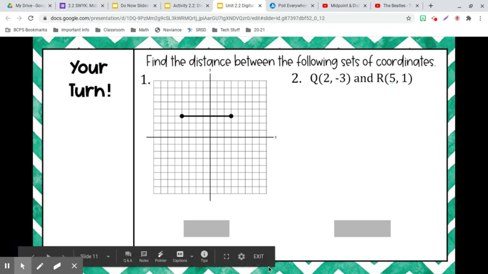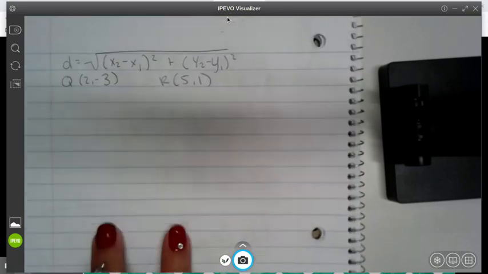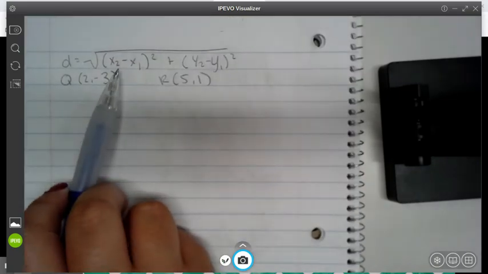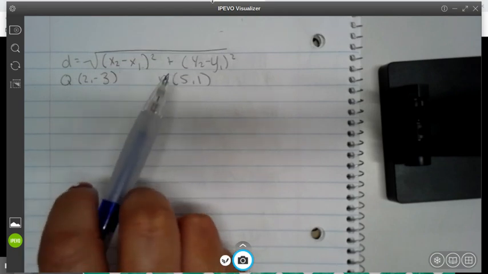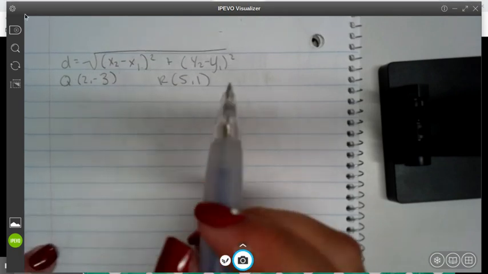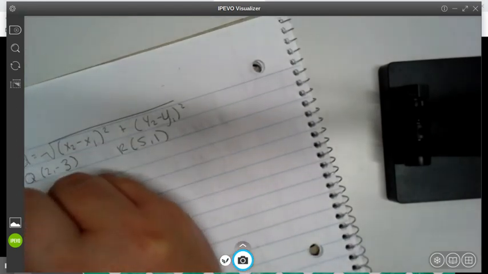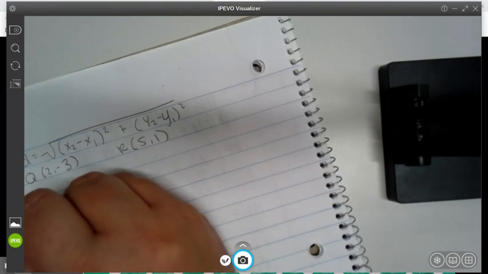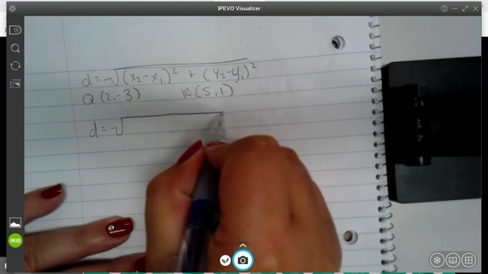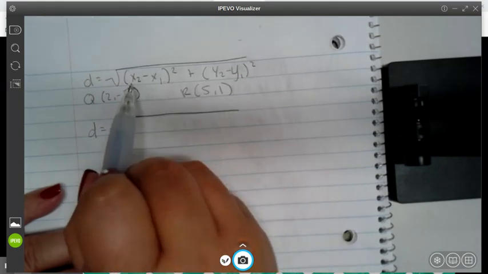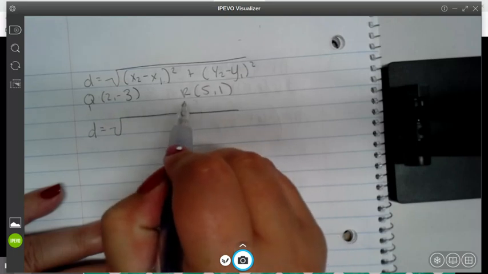All right, I have it all written out. Let me show you on my end what my paper looks like. So here's my distance formula. Here are my 2 points that I'm going to sub in here. So let's start. D equals the square root of, so x2, so we're going to use our Q is 1 and our R is 2.